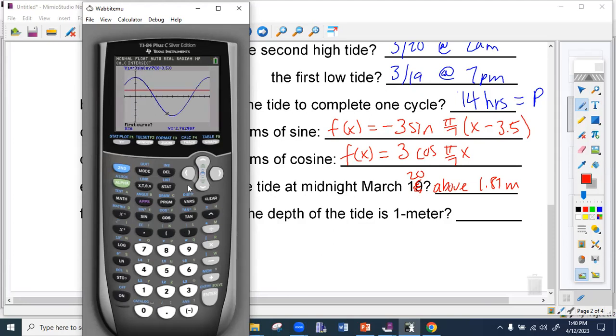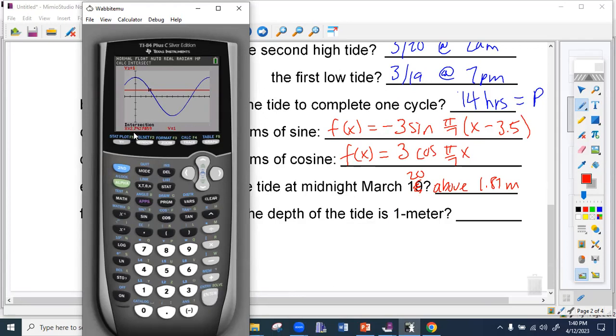So I'm going to hit 5, and it's going to ask you to move your little spider as close to the side you want it to be at. So I want it to be on the left side, not on the right side. And you're going to literally just hit enter 3 times. 1, 2, 3. And it gives you your answer.